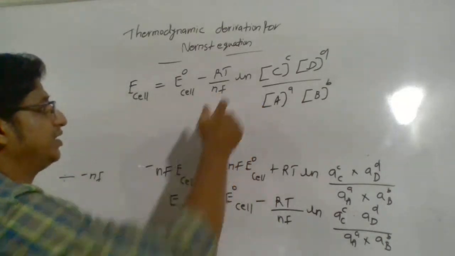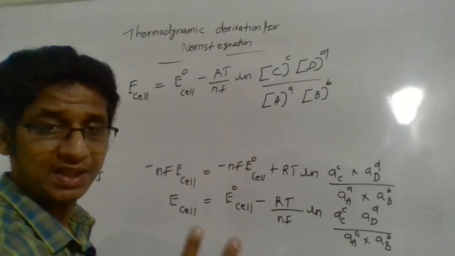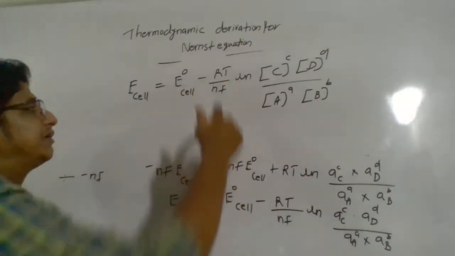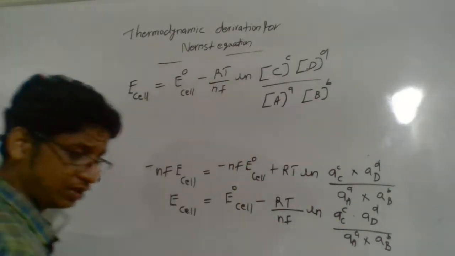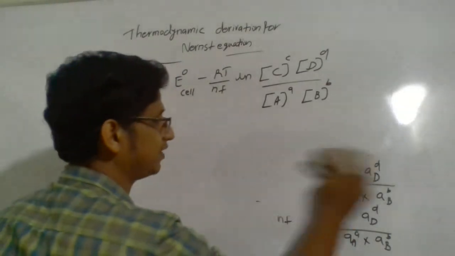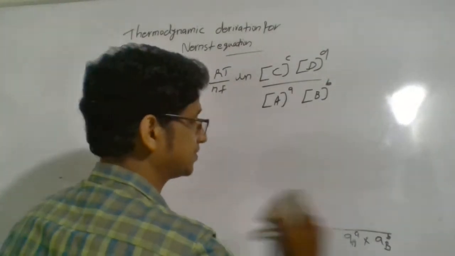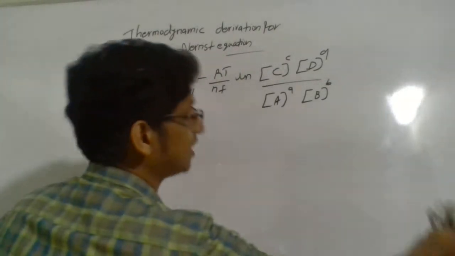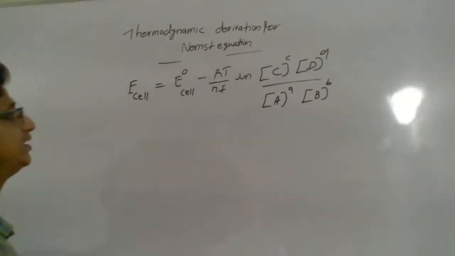You can convert ln into log by multiplying by 2.303. Then substitute R equal to 8.314 joule per Kelvin per mole, the universal gas constant, F is the Faraday constant, and let T be the temperature, 298 Kelvin. So let us simplify the equation.